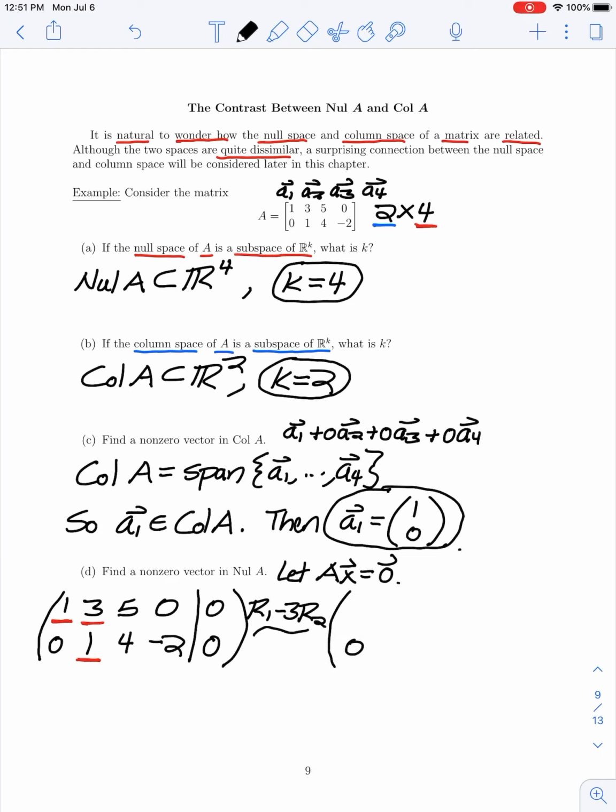So our second row will remain as 0, 1, 4, negative 2, 0. And our first row becomes 1, negative 3 plus 3 is 0, negative 12 plus 5 is negative 7, and 6 plus 0 would be 6, with 0 plus 0 still being 0.